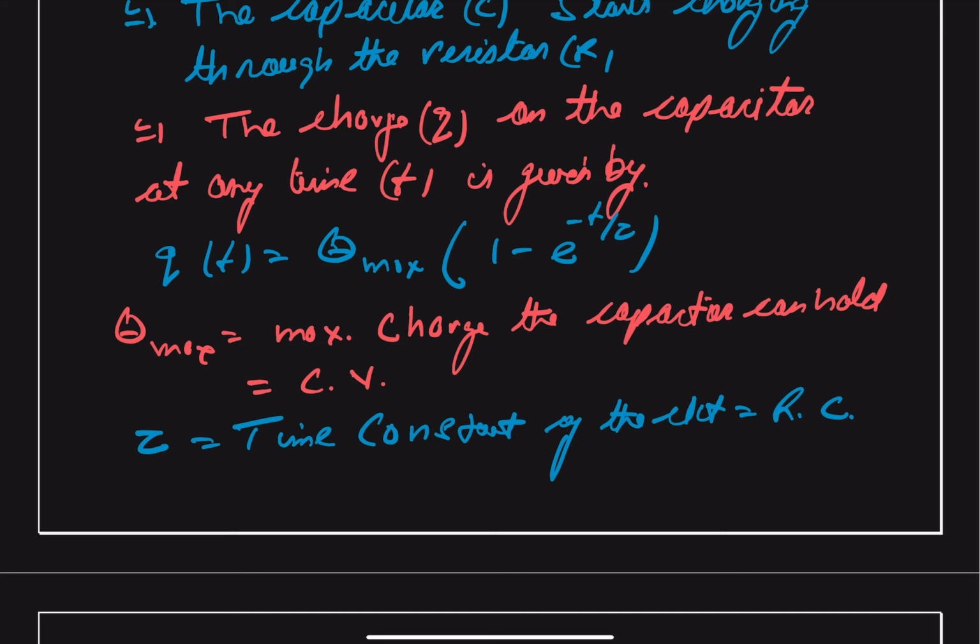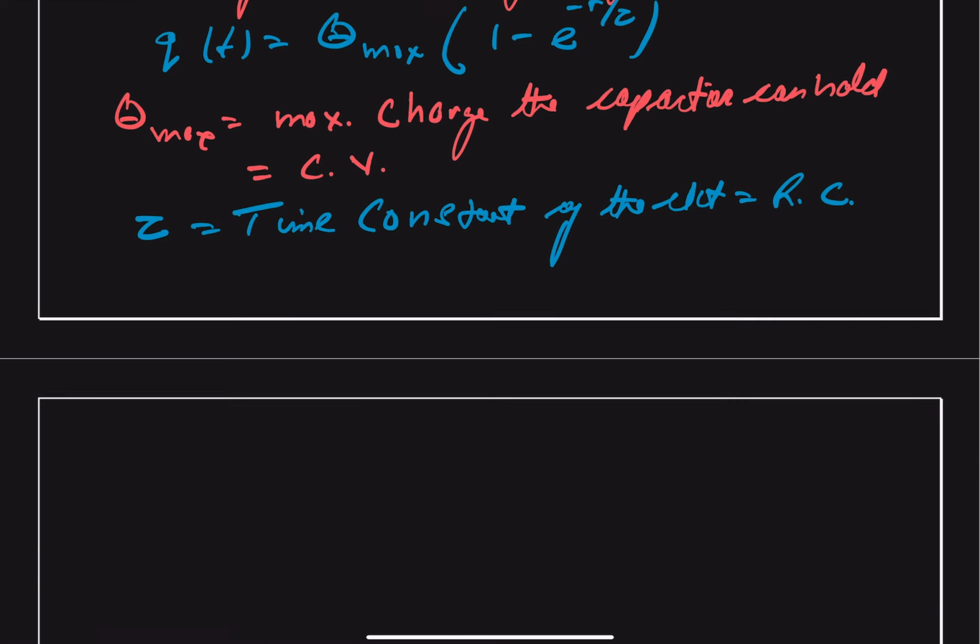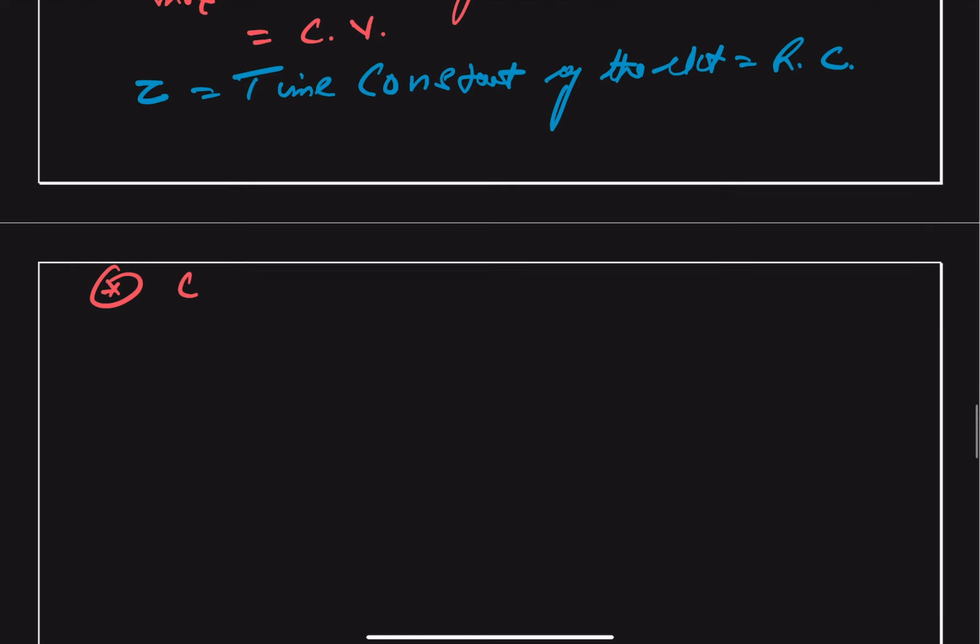And we are supposed to find the charge on the capacitor when t is equal to 2 tau. So we say charge on the capacitor at t is equal to 2 tau.